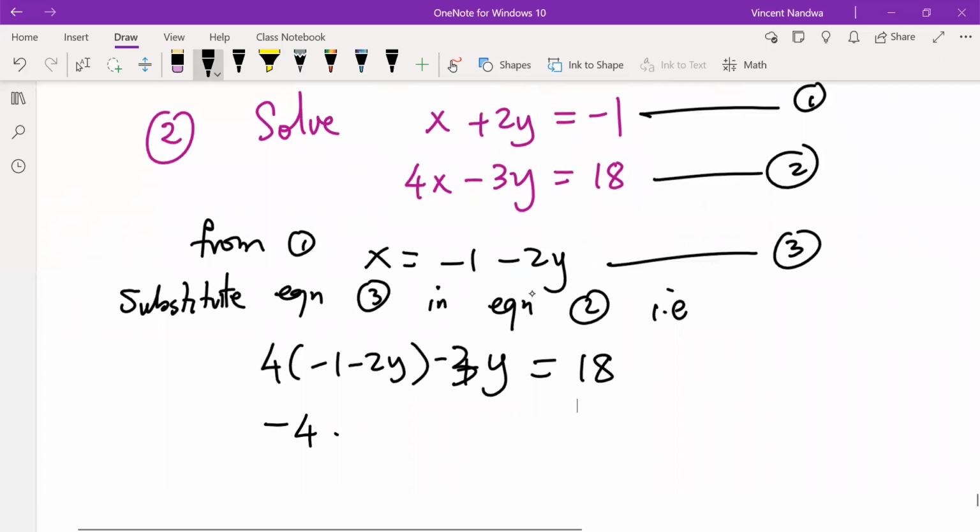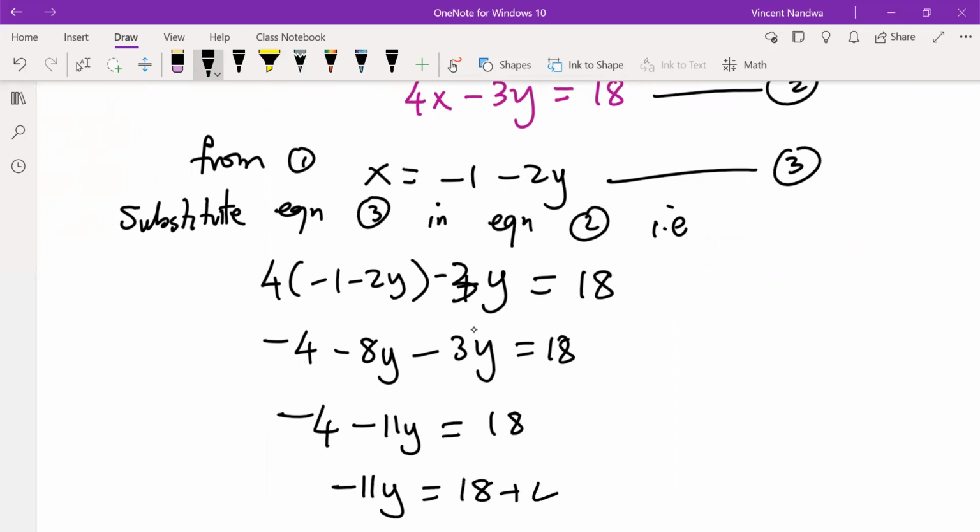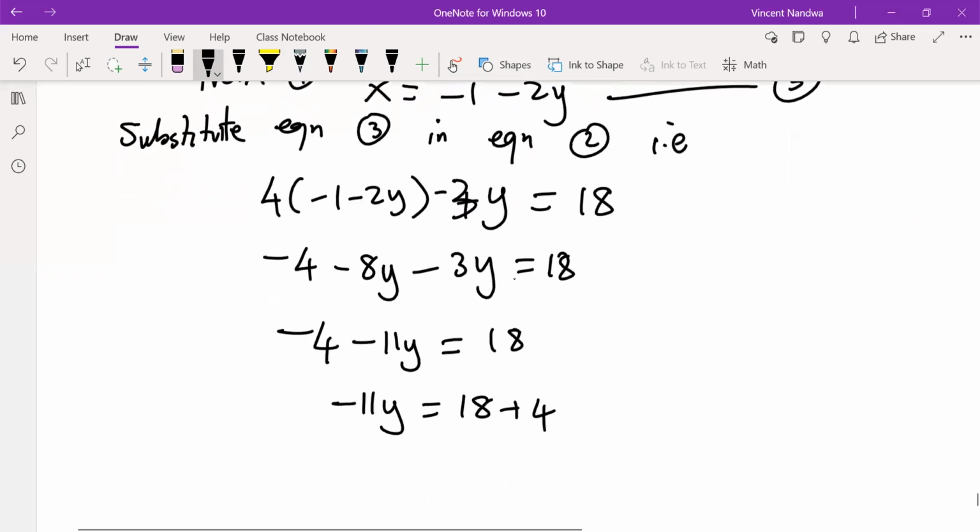So minus 4 minus 8y minus 3y equals 18. So minus 8y minus 3y is minus 11y, equals 18 plus 4. 18 plus 4 is 22. So minus 11y equals 22.